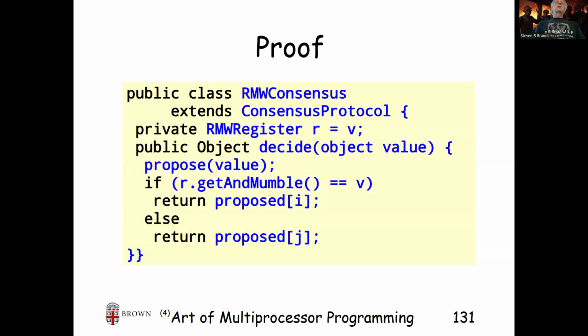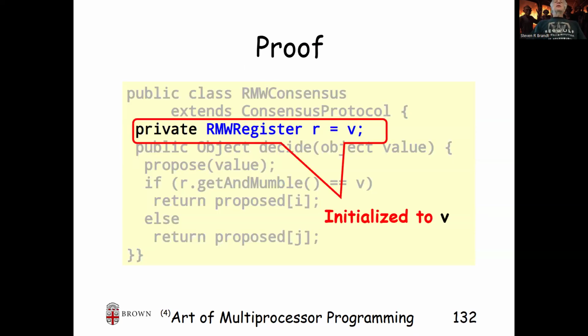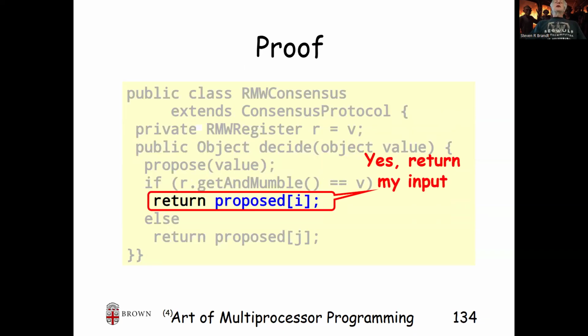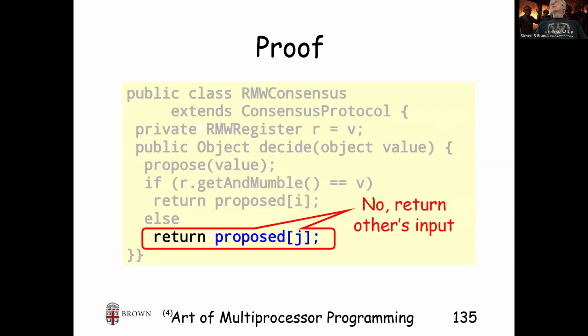Okay, so here's the proof that any non-trivial mumble is going to give us 2. We can initialize our register. We can call this to see if it's first, get and mumble. If we have the original value, then we're first. And if we do, we use our value. Otherwise, we use the other thread's value. The end. Pretty simple, huh?